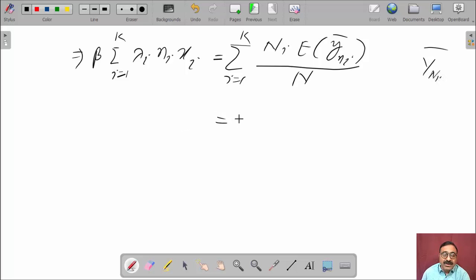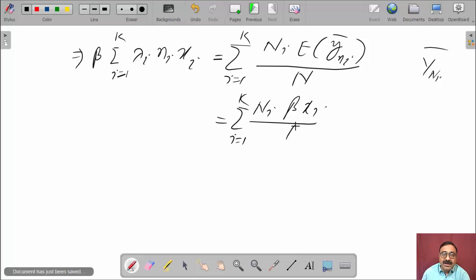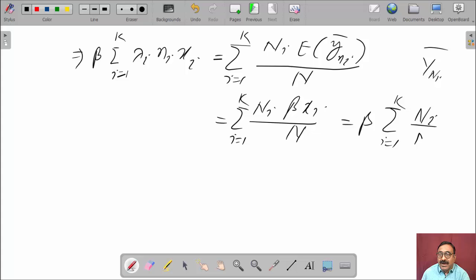Now this is equal to summation i equal to 1 to k ni, this is beta xi by n, that is equal to beta summation i equal to 1 to k ni by n xi.